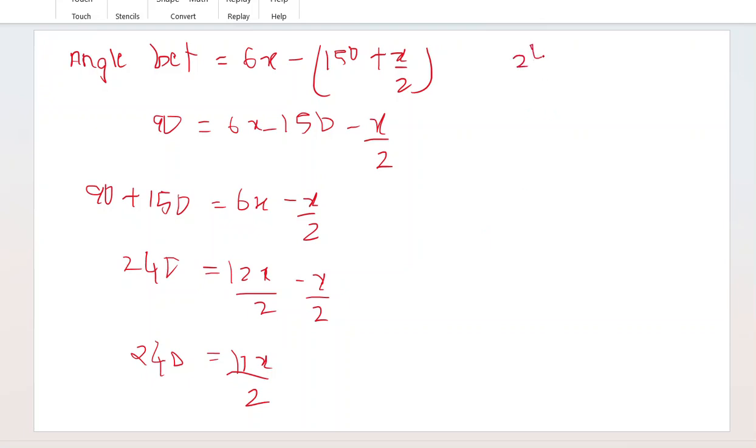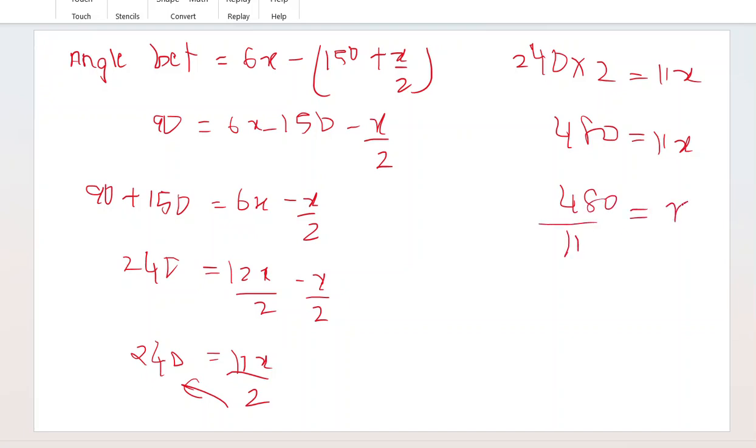This 2 moves on top. I get 240 into 2 is equal to 11x. I get 480 is equal to 11x. I get 480 upon 11 is equal to x. And 480 upon 11, when you use a calculator, you get it as 43.63. This solves the problem.